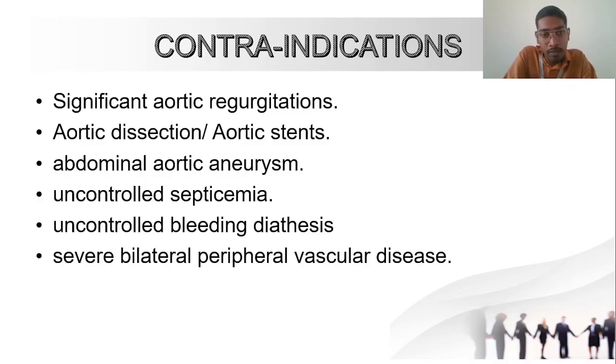If the patient has aortic diseases such as aortic regurgitation, aortic dissection, aortic stenting, or aortic aneurysm, and septicemia, meaning bacterial conditions in the bloodstream, and also bleeding diathesis, meaning that due to lack of vitamin K the patient's bleeding gets higher and cannot be stopped by any cause, then we have to stop giving this procedure. These are the contraindications.